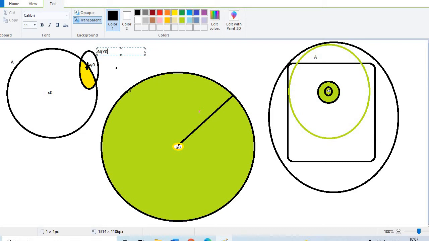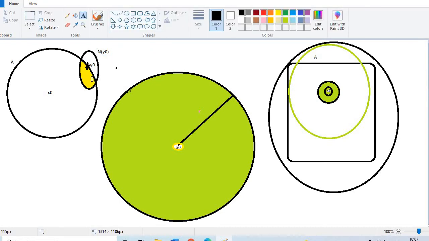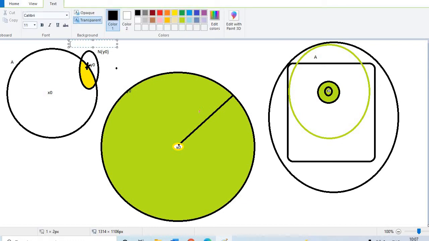Okay, N of y naught. So for this neighborhood N of y naught, we have points from A, and suppose we consider another point. This is out of this A, that is z naught.